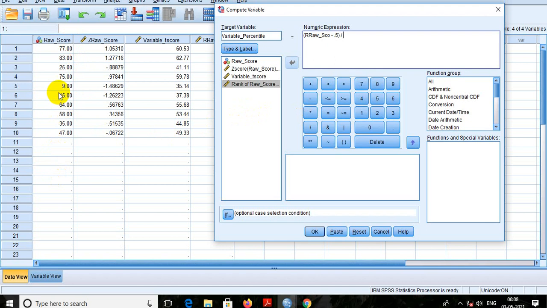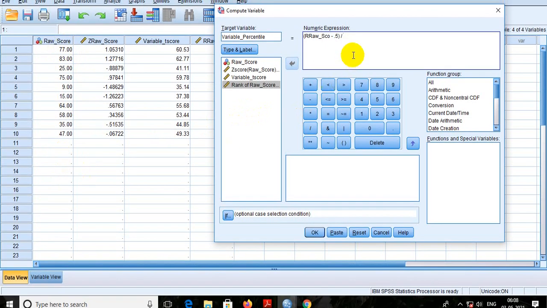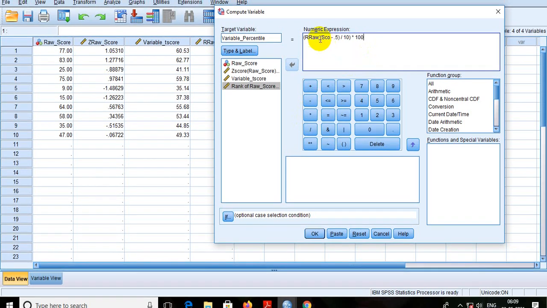How many samples? 10 samples, you see. Okay, we put 10, and then close the bracket, and multiply by 100. You can equally do this one, another bracket.